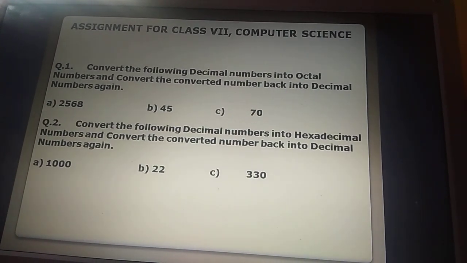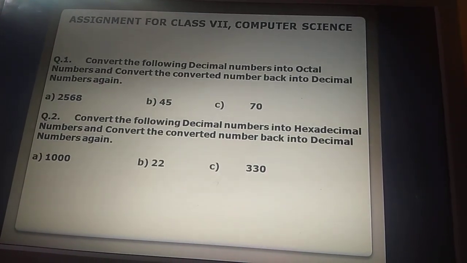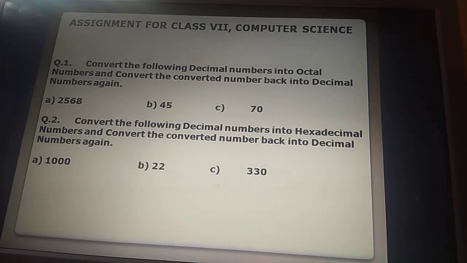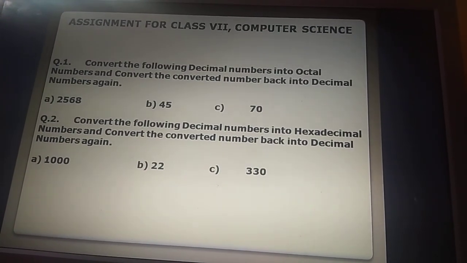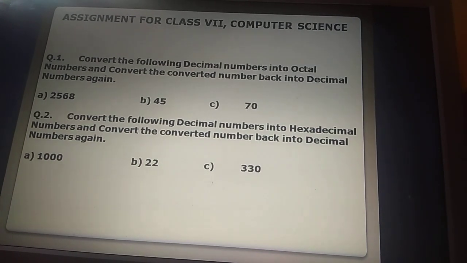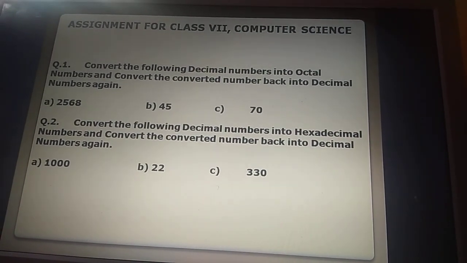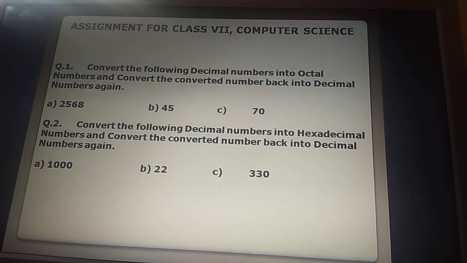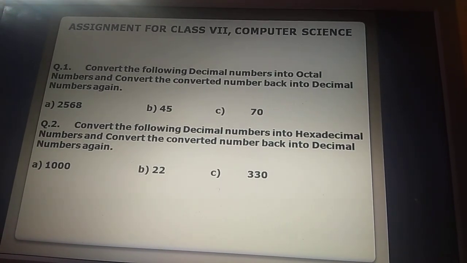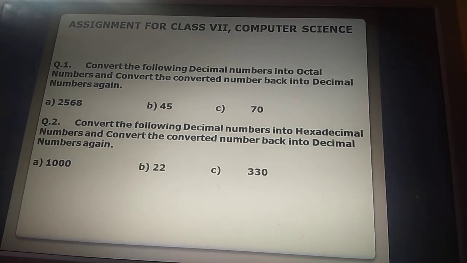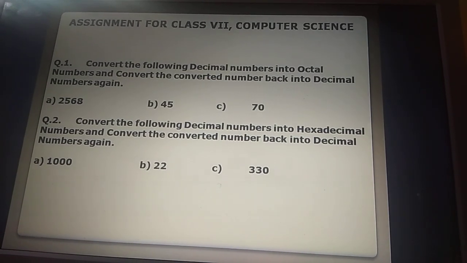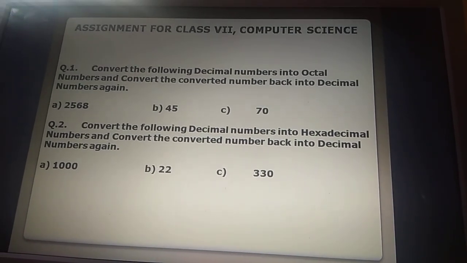Suppose you have 26568 as the number. First you will convert it into the octal number system, and when you receive the answer, you will convert that answer into the decimal number system, so that we will be satisfied how we can convert it.